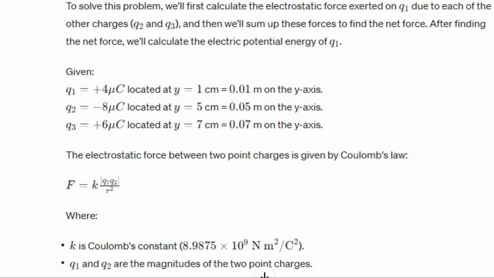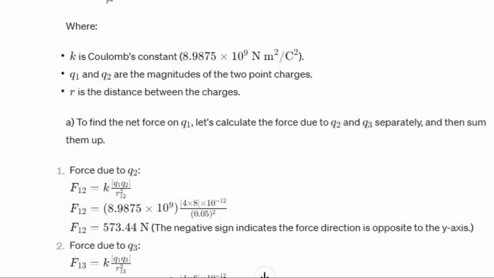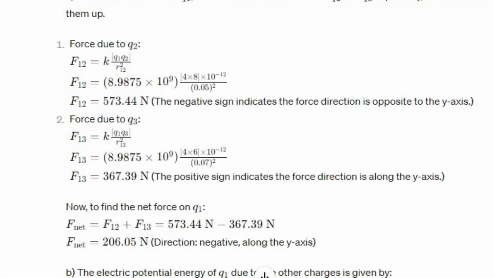The electrostatic force between two point charges is given by Coulomb's law. F equals k Q1 Q2 over R squared, where k is the Coulomb constant, Q1 and Q2 are the magnitudes of the two point charges, and R is the distance between the charges.